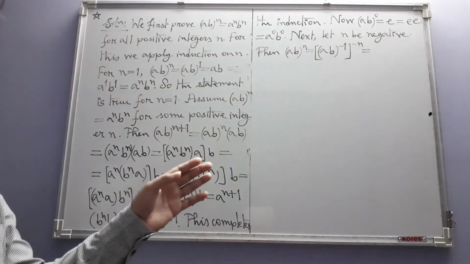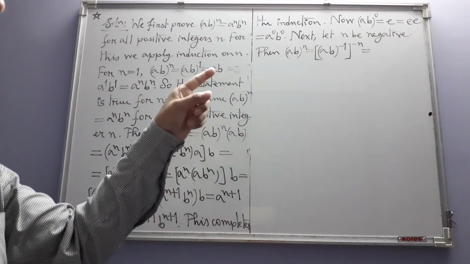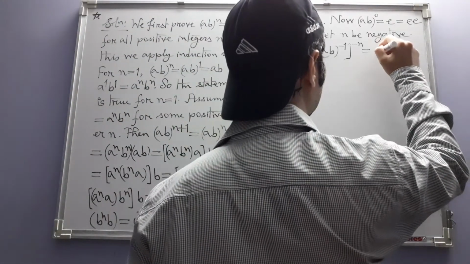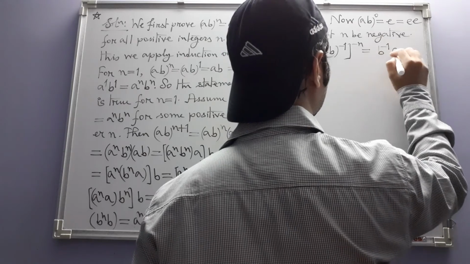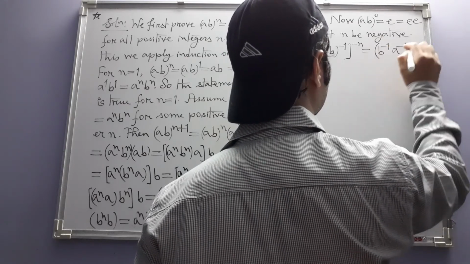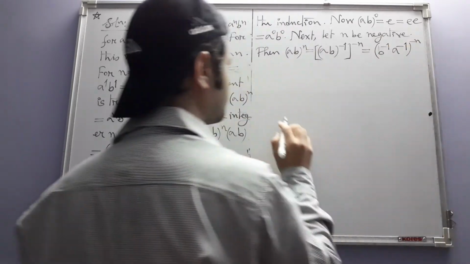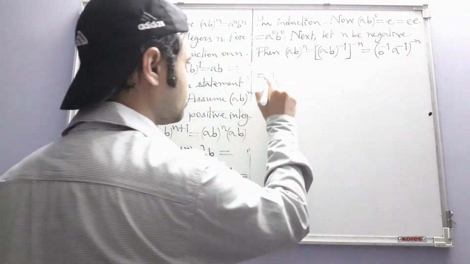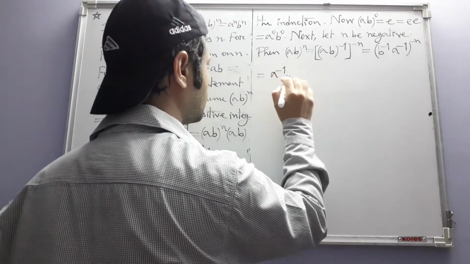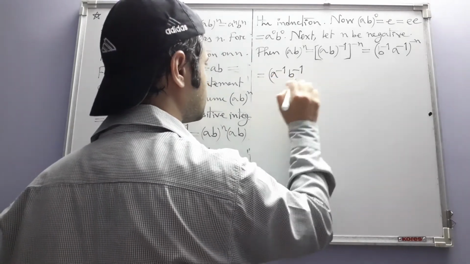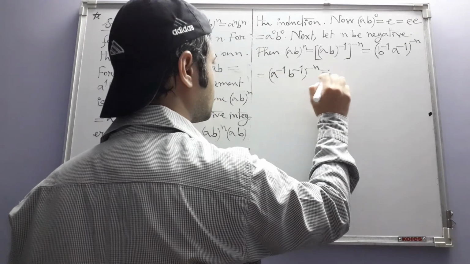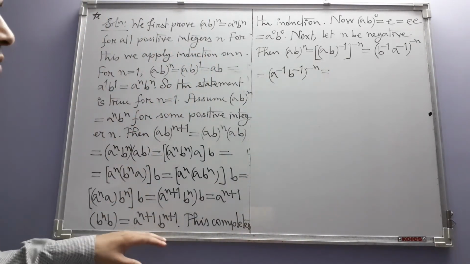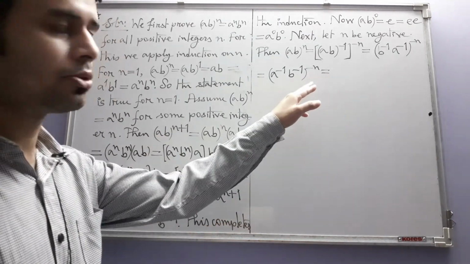Now from basic group theoretic property we know that ab whole inverse is b inverse a inverse. But our group is abelian, so in place of b inverse a inverse we can write a inverse b inverse. And now we can use this part that we have already proved for positive exponents.